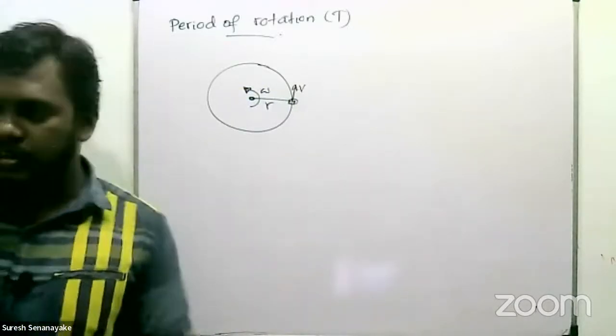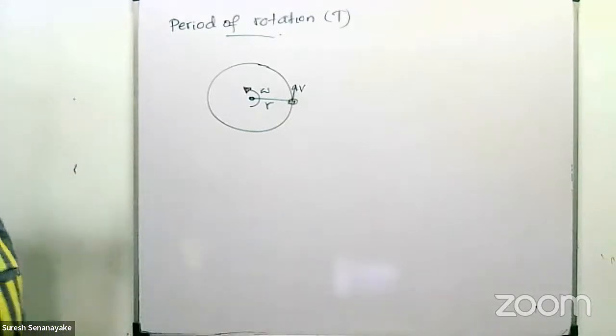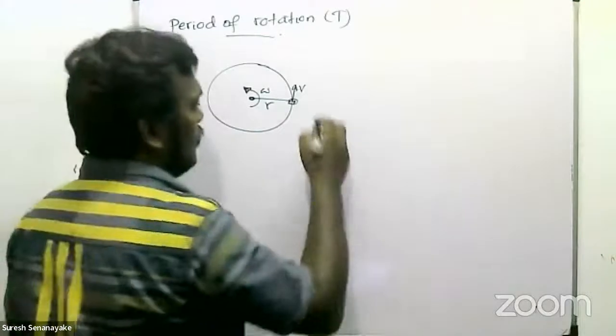Time taken for one complete rotation is called the period of rotation.